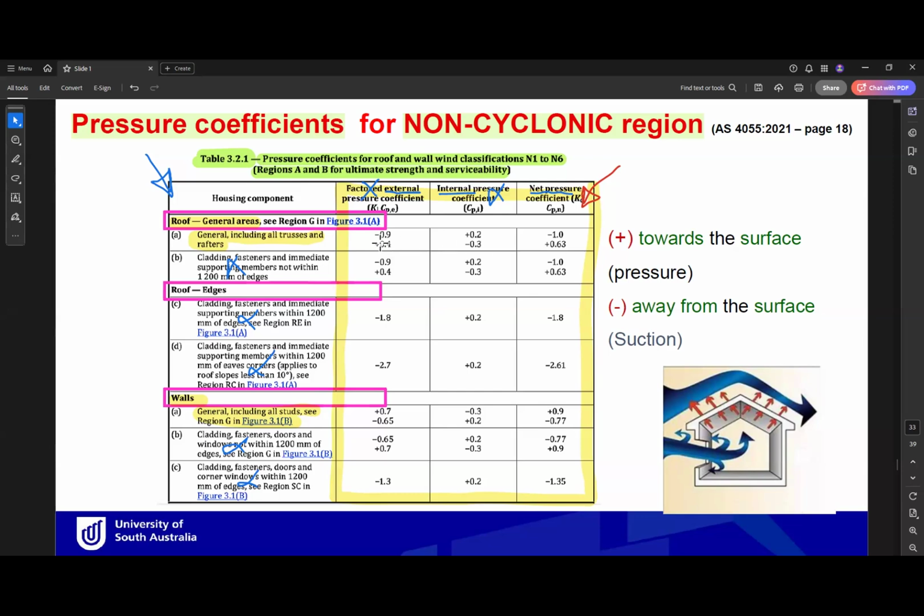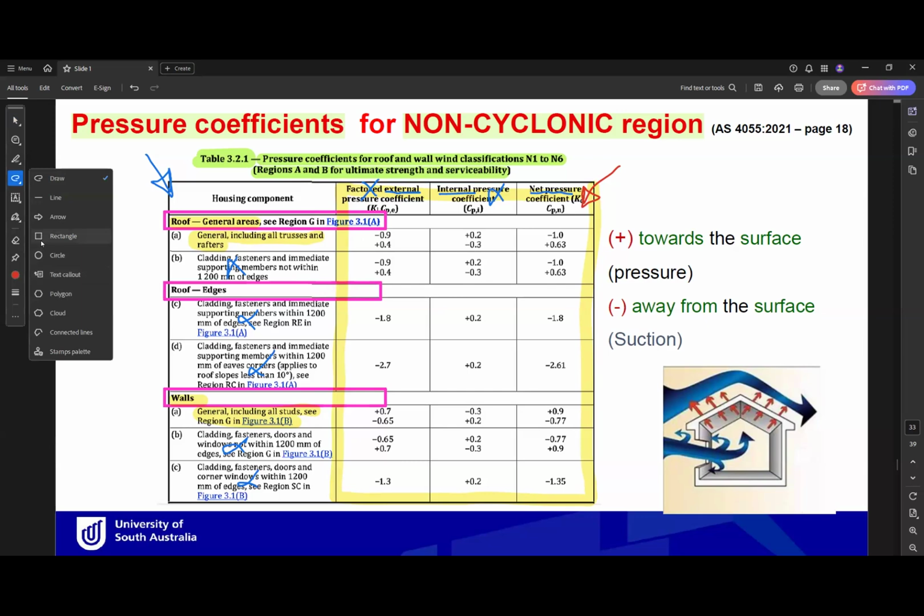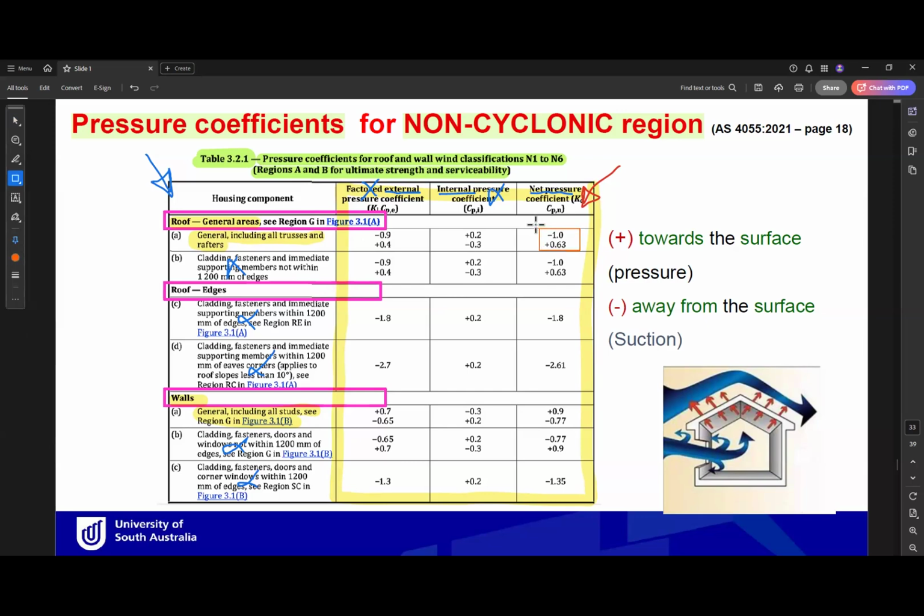For example, if we are calculating the coefficient for roof general areas, you will be considering only these two factors for net pressure: negative 0.1 and positive 0.63.